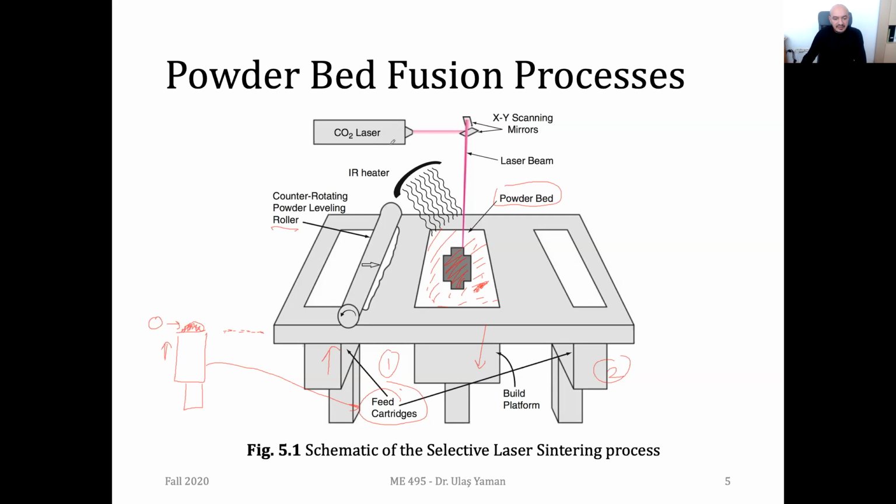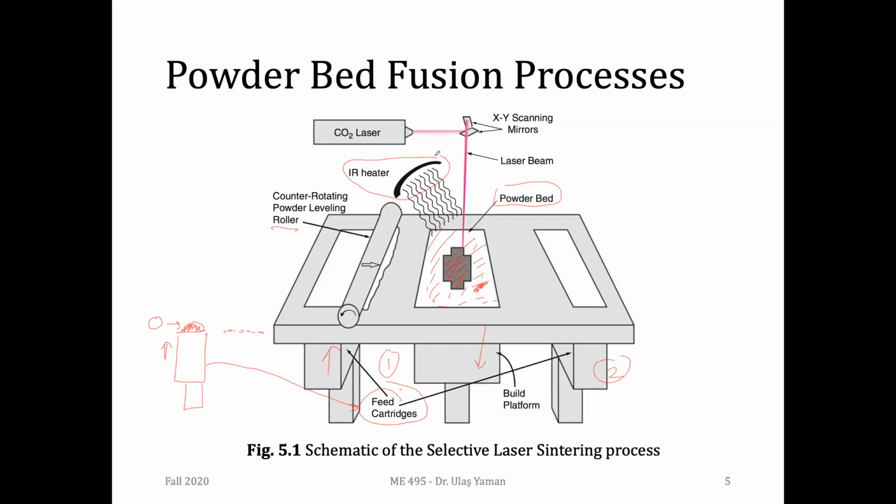So do you see an extra component here? Heater. Yes, we have a heater here. Why do you think we have this heater here, and what is the function of it? Can anyone tell me or comment on it?